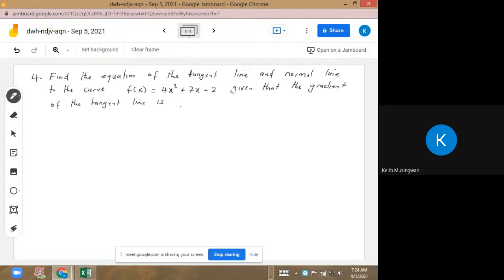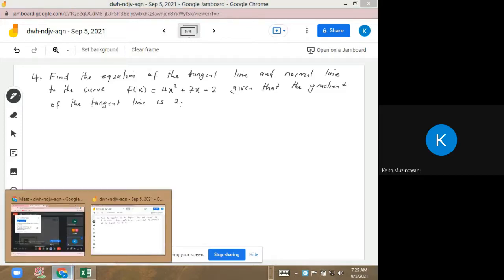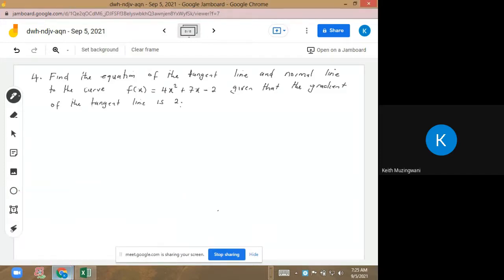Let's just say is 2. Find the equation of the tangent line and normal line to the curve, given that the gradient of the tangent line is 2. Solution.